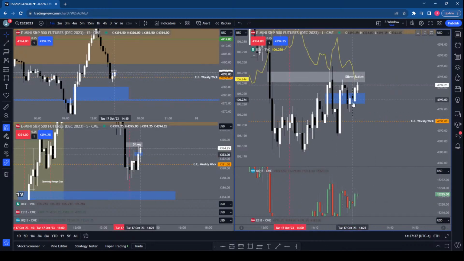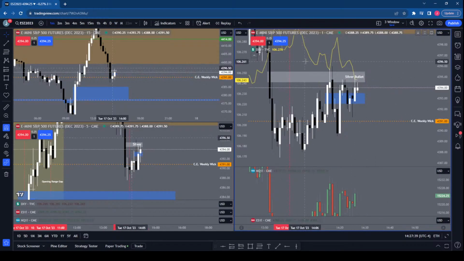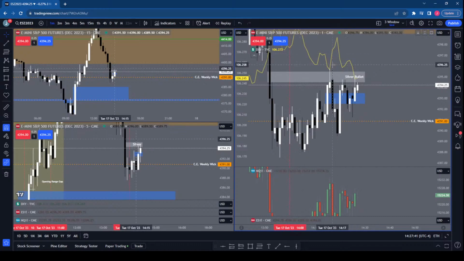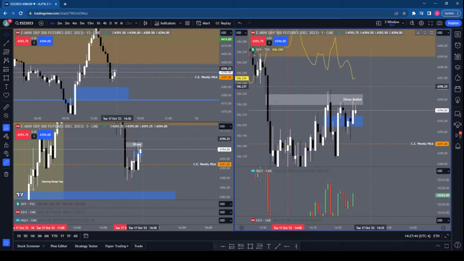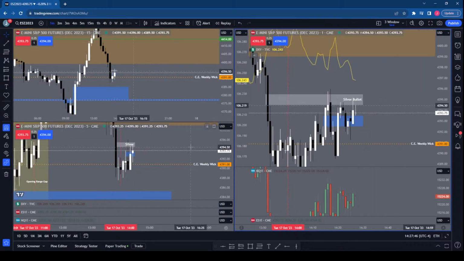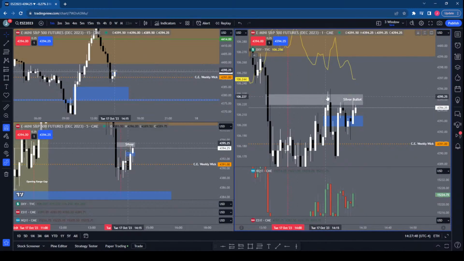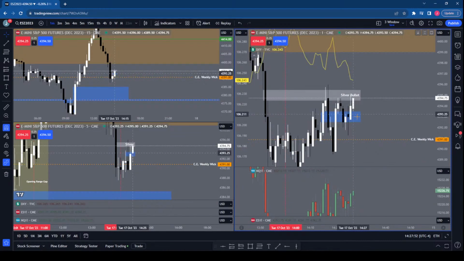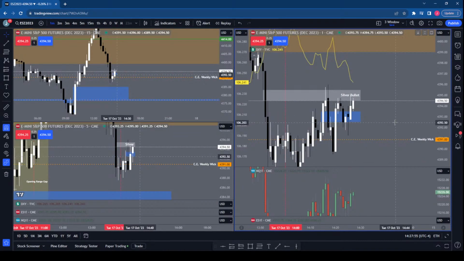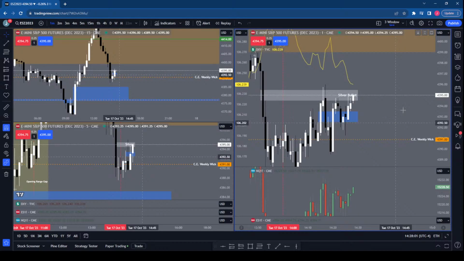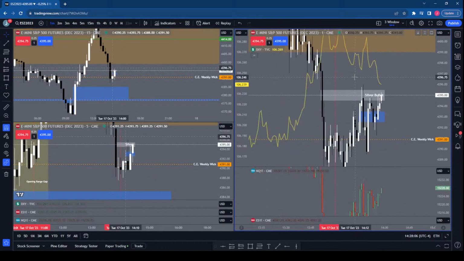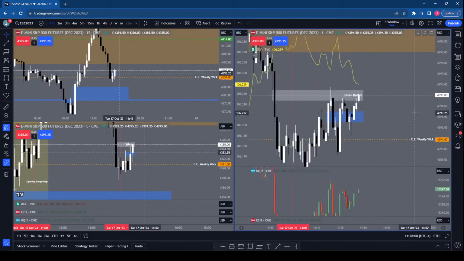Again, I'm not going to try and go long off this fair value gap, because I need to see this high taken to be fully confident that we're not going down. All the reasons that we entered originally on this fair value gap are still in play. But now we have a drop in dollar, and I don't want to go short while the dollar is retracing.